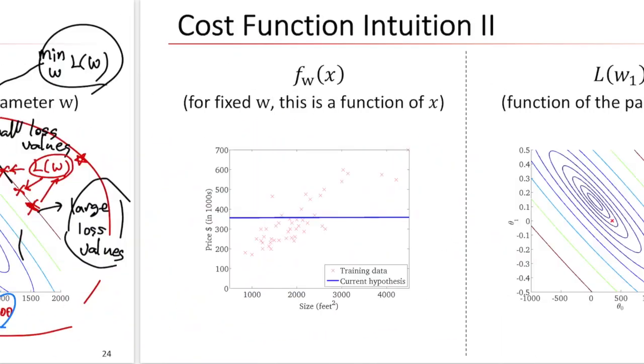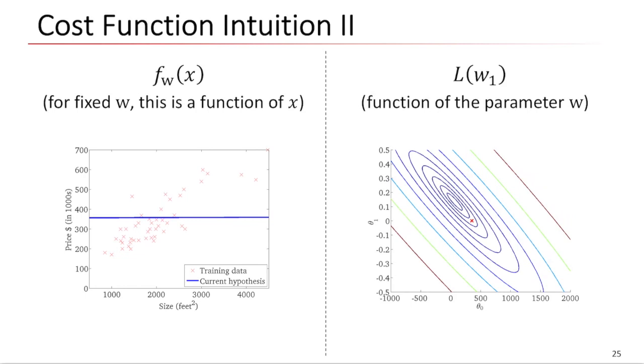Okay, then let's think about another mapping function. Here we can think about another point. In this case, W0 is equal to 350 and W1 is equal to 0, something like this.